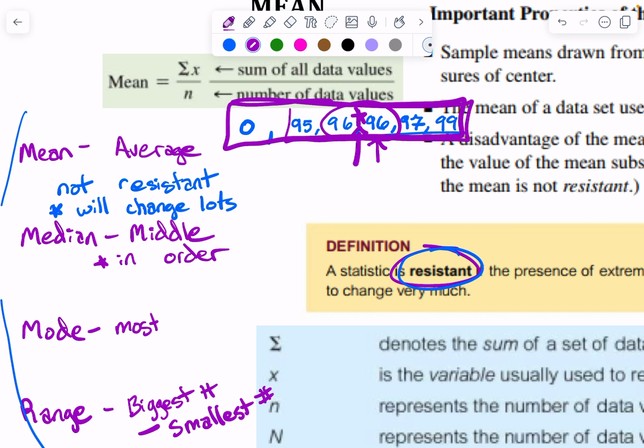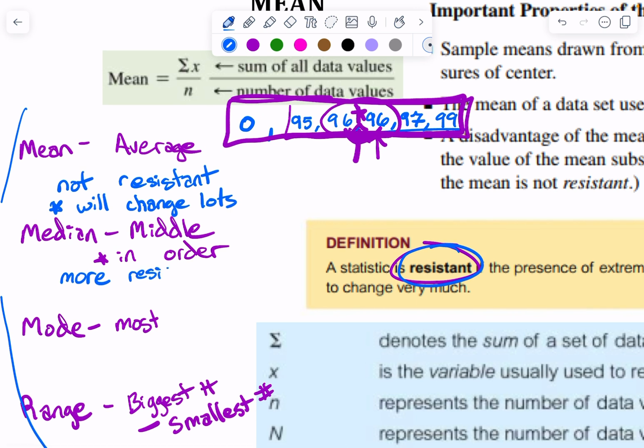The median, in this case, did not change at all. It might change, but it's only going to shift from one number to the other. So it is more resistant. It's not completely 100% resistant, but it is way more resistant than a mean. It's more resistant to an outlier, with only a little change, if at all.